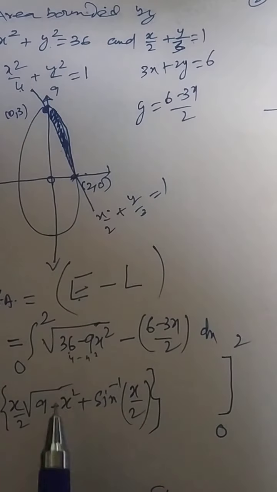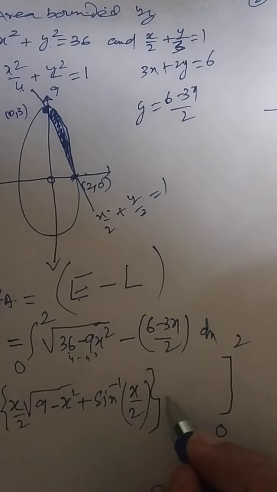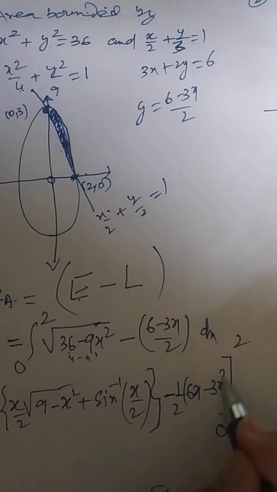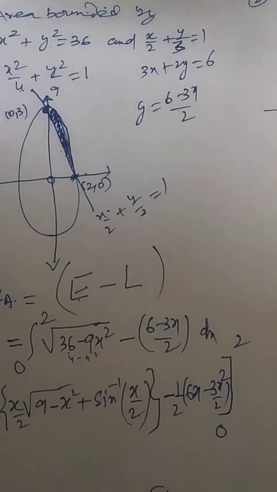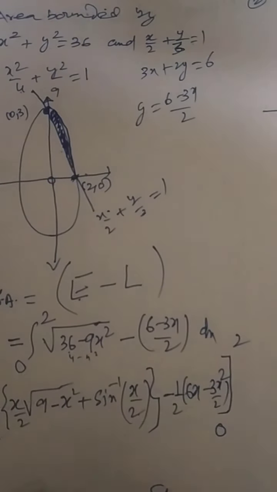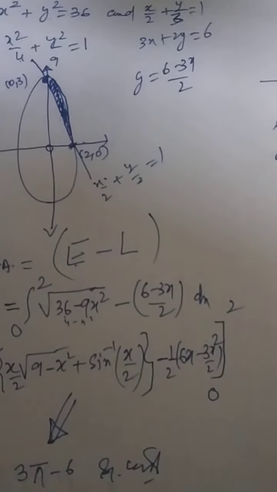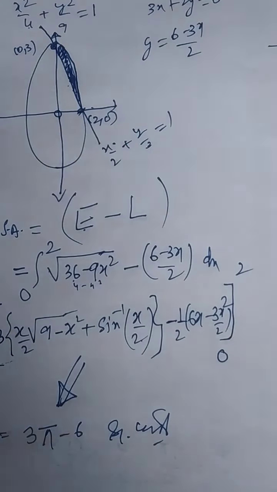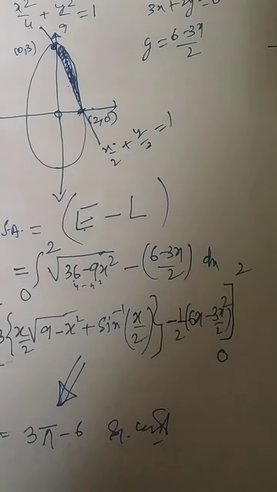Close this curly bracket because this 3 is connected with this one. Now 1 by 2, over here 6x minus 3x square by 2. Take a long time. It's not that you should answer quickly. Simplify properly, put the upper limit and calculate, and see to it that you finally get 3 pi by 6. Okay.